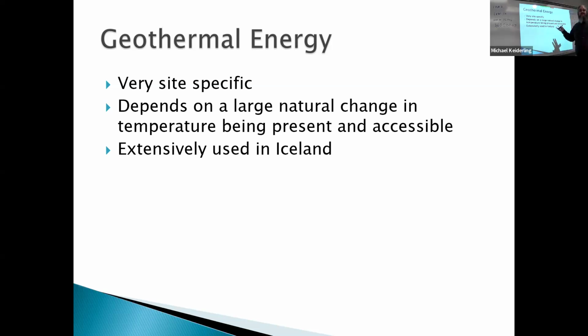So it depends on a large natural change in temperature being present and accessible. There are people working on making it easier to make geothermal wells in more places by advancing drilling technology.